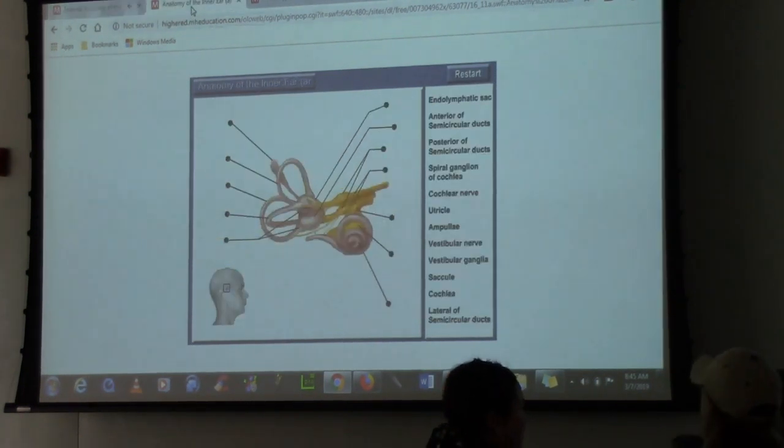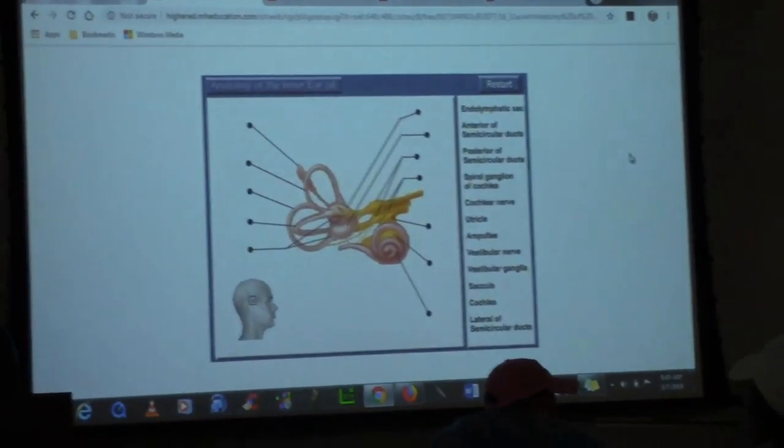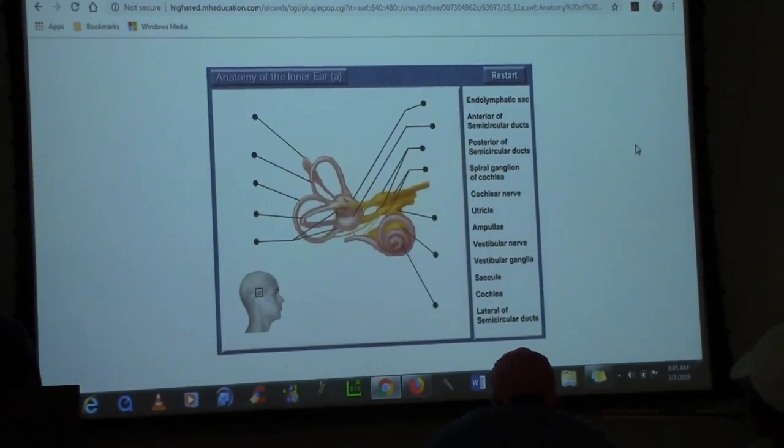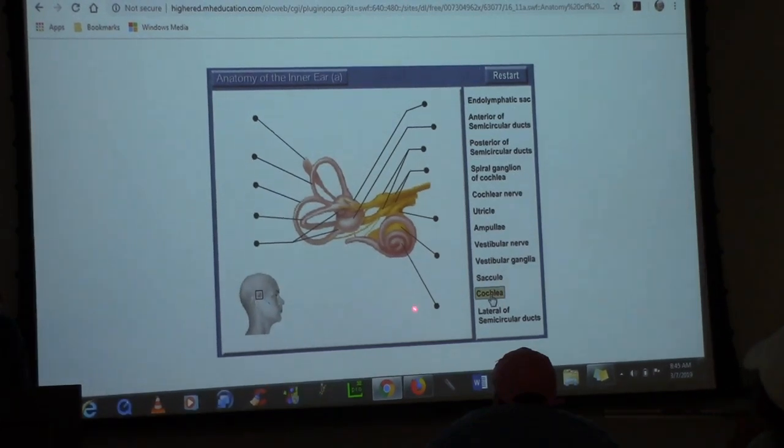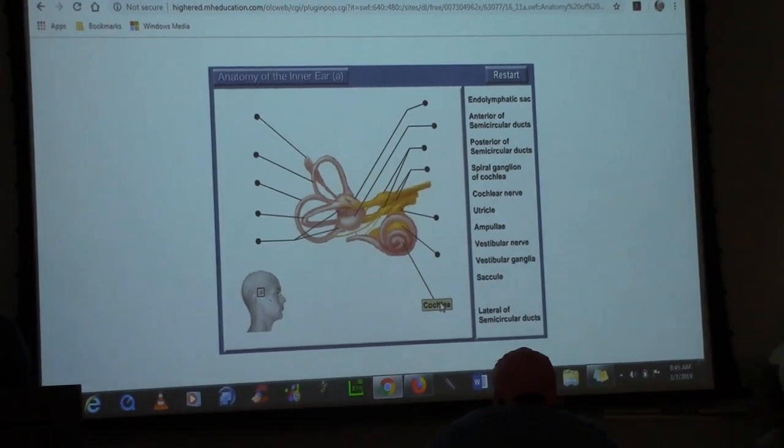Okay, let's do some more. You don't have to feel left out. The cochlea. Okay, cochlea, I mean, there's some cheap ones. Which one did you want? The bottom. Yeah, okay. That's good, that's right.